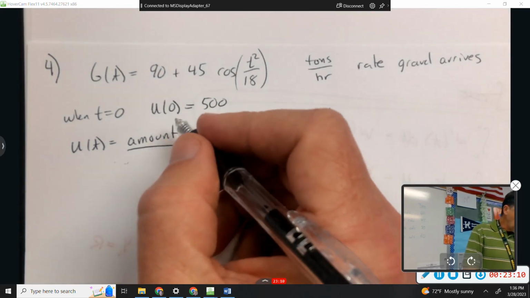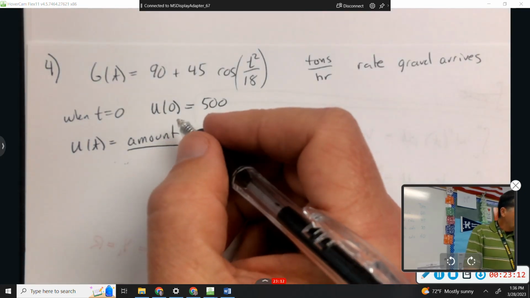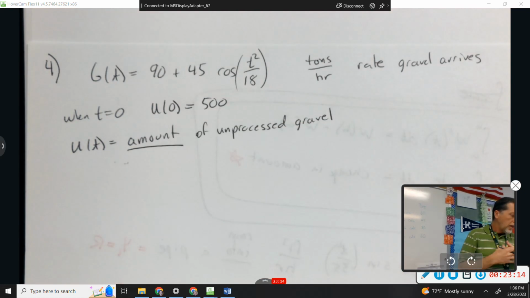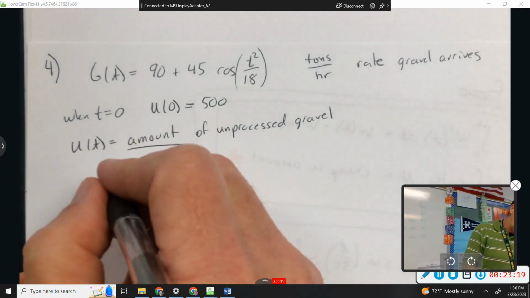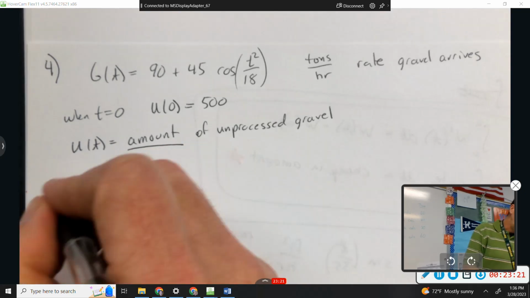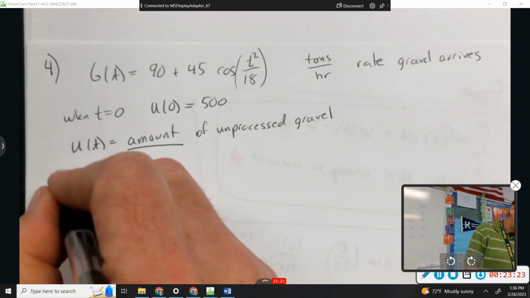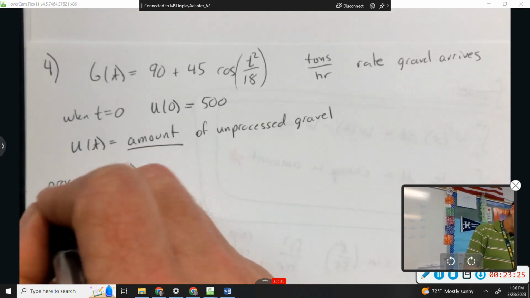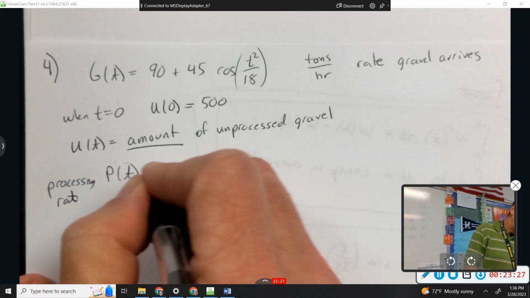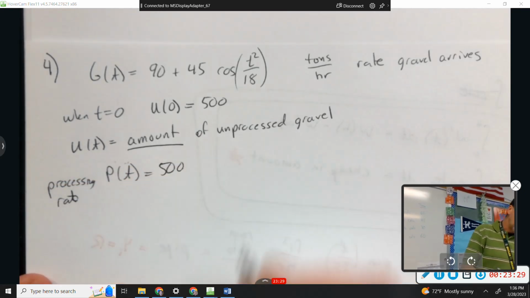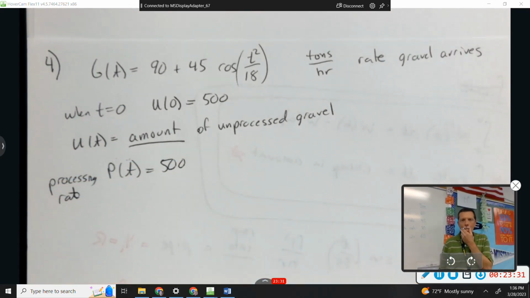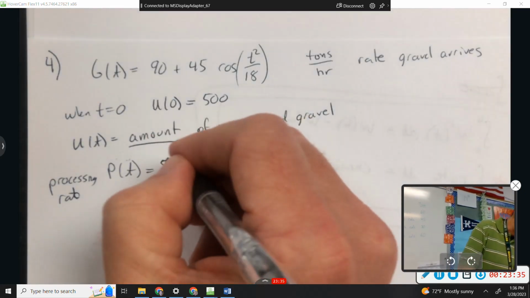During the hours of operation, 0 to 8, the plant processes gravel at a constant rate of 100 tons per hour. P of T, processing rate, equals 100 per hour.